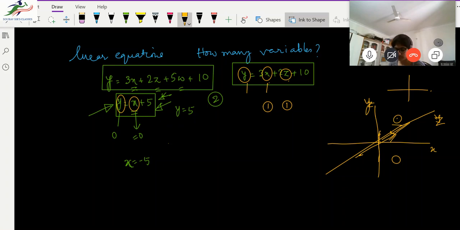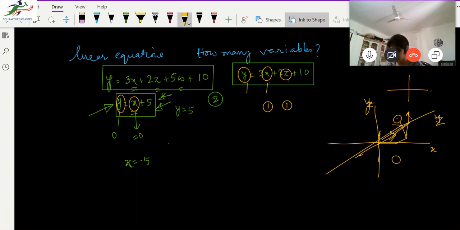So one step in x and one step in z, and then I move up 10 steps. So this is how you have to visualize this. So in three dimension, when you plot, then it becomes a plane, not a straight line, right?